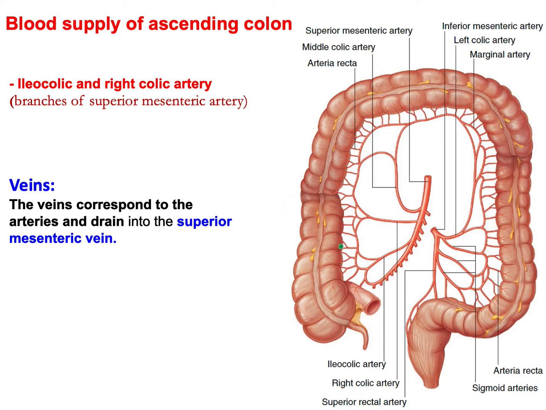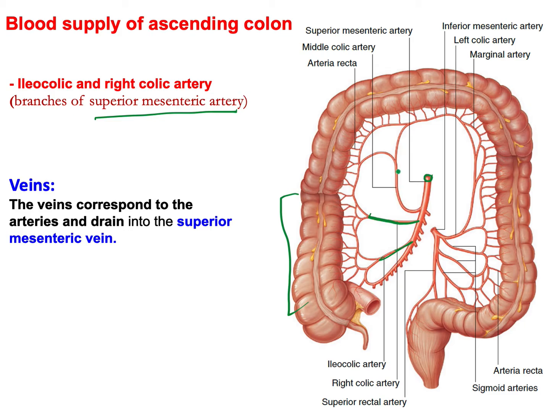So what's the blood supply of the ascending colon? This is the ascending colon. You remember that the ascending colon develops from the midgut. That means it's supplied by a branch from the superior mesenteric artery. Which branch? This is the superior mesenteric artery that gives, if you remember, the ileocolic branch, and also the right colic branch. Now forget the middle one.